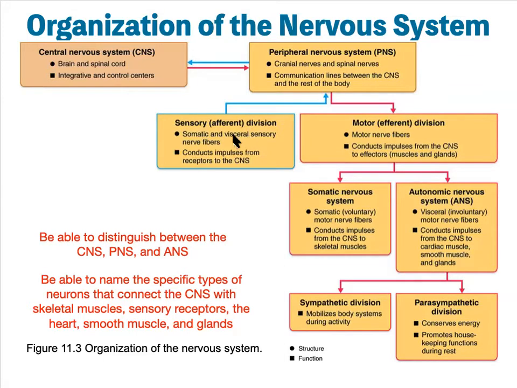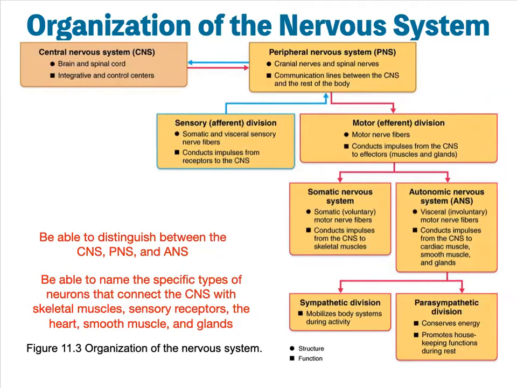Visceral sensory nerve fibers are going to transmit impulses from the visceral organs, okay, such as your stomach, intestine, gallbladder, other organs within the ventral body cavity. The sensory division as a whole keeps the CNS constantly informed of events going on both inside and outside the body.